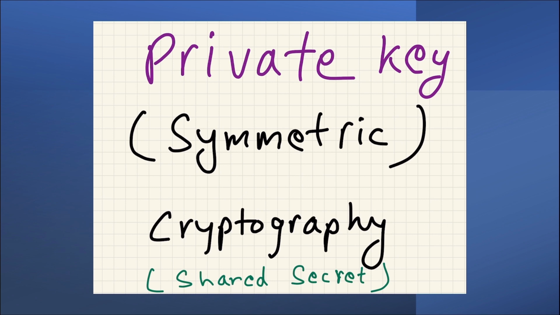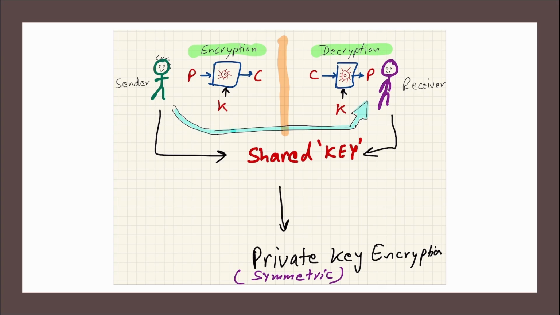Now, let's first understand private key cryptography or symmetric key cryptography. We also call it shared secret key cryptography. So let's say again there are two people who want to communicate. This is the sender and this is the receiver. Let's say he wants to send a message to the receiver. He will use this encryption algorithm.